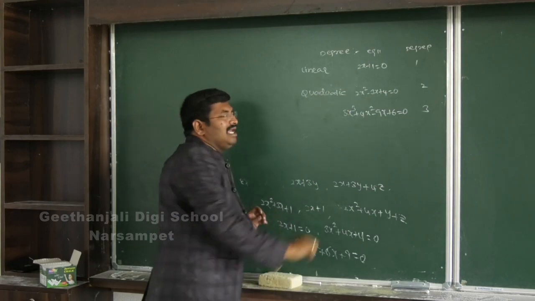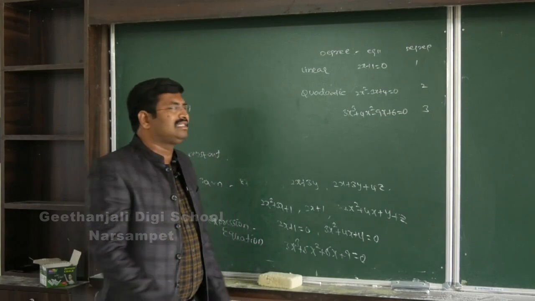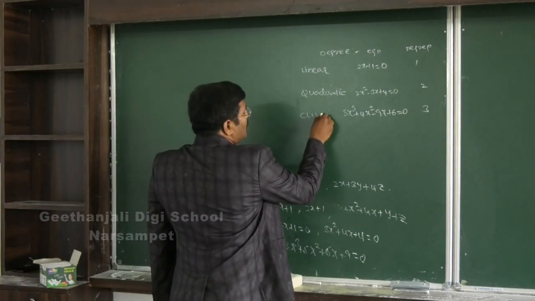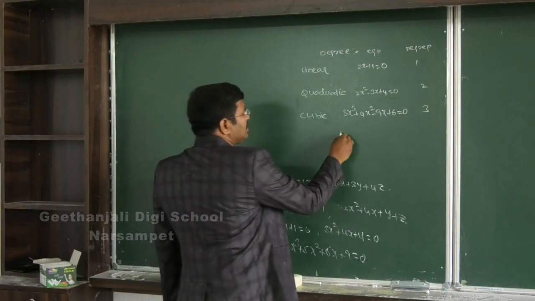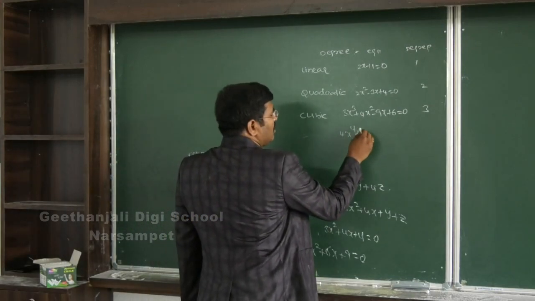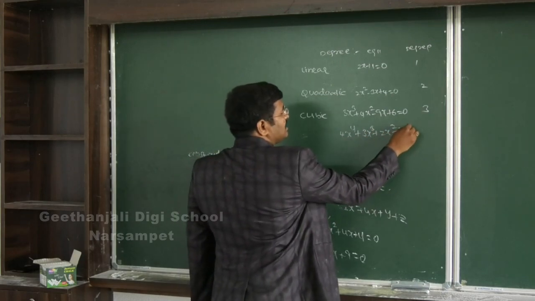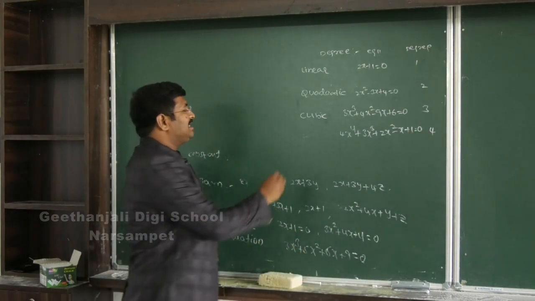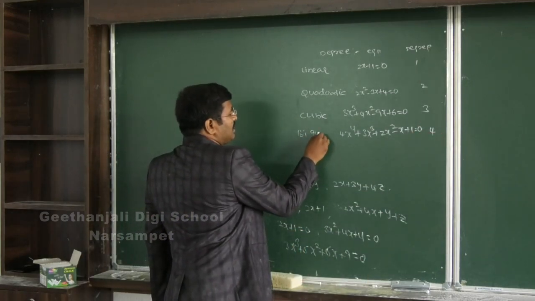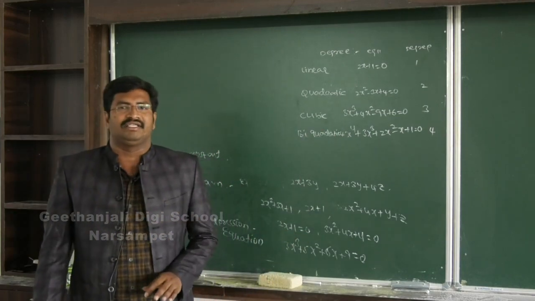If the degree is 3, it is called a cubic equation. One more example: 4x to the power of 4 plus 3x cube plus 2x square minus x plus 1 is equal to 0. The degree is 4, so it is called a biquadratic equation.